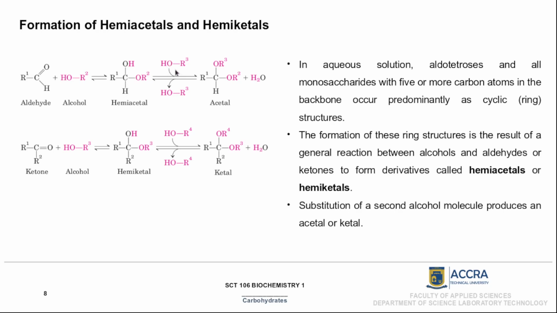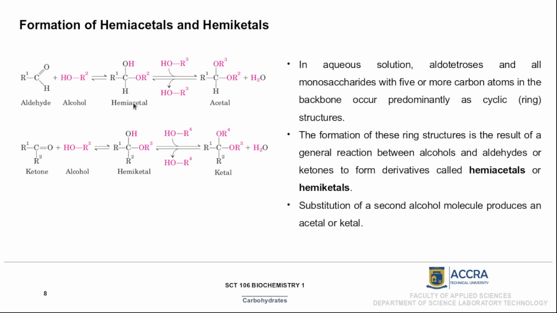Now, a second alcohol reacts with the hydroxyl group further to have another ester-like bond with the residue of the second alcohol, releasing water, and this is a condensation reaction. Now, the formation of the cyclic rings follows similar reactions to that of the aldehyde and alcohol, forming a hemiacetal.